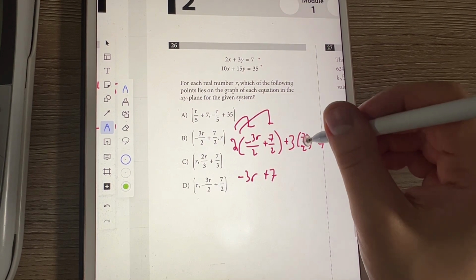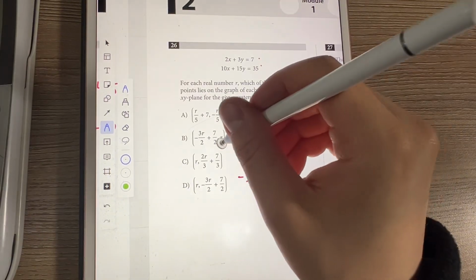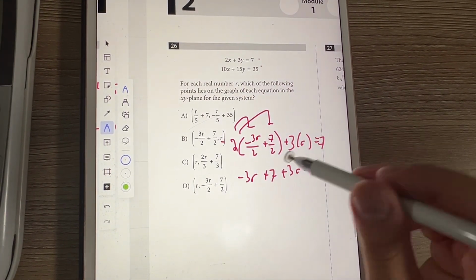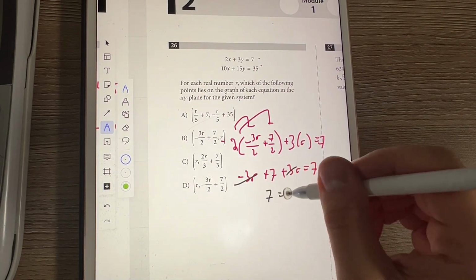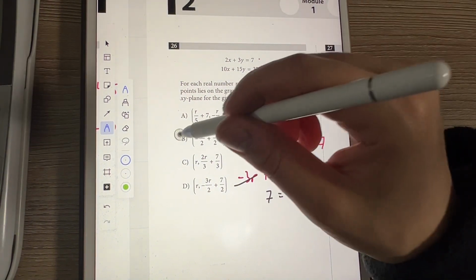And sorry, this isn't 7 halves, this is r. Right, the y value is r. Plus 3r is equal to 7. Well, look at that. My 3r's are going to cancel out with my negative 3r, and I'll just be left with 7 equals 7. That is true in every single case.